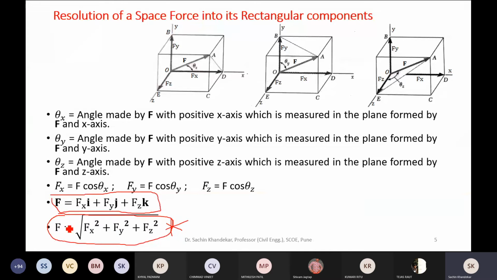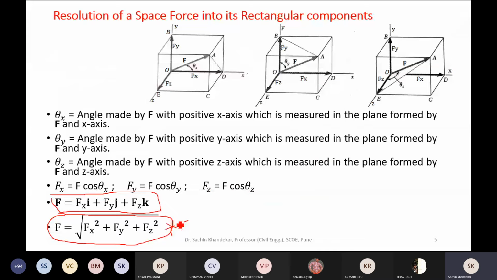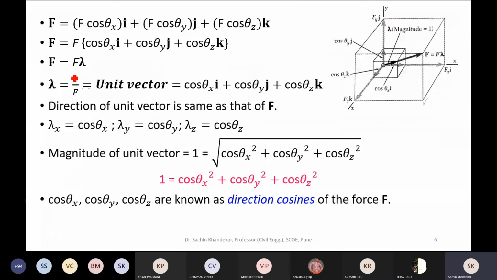Please remember this: F is equal to root of Fx square plus Fy square plus Fz square. Now in the two-dimensional case, there will be only two components, that is root of Fx square plus Fy square. Already we know this concept. So the same knowledge we have extended for the 3D case.